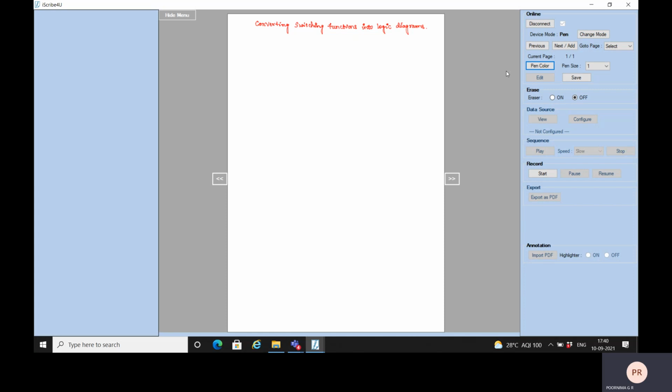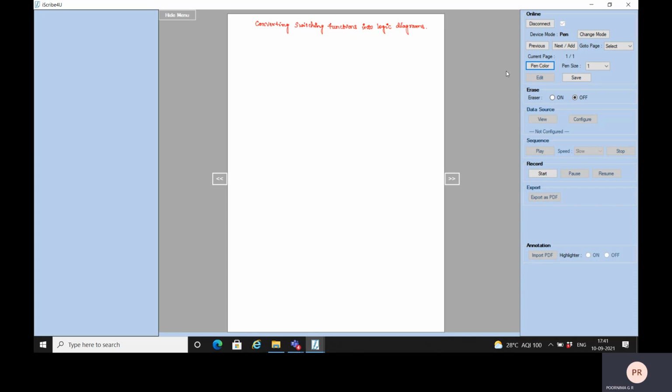First, consider the given equation and see whether it can be simplified using the comparison method to a minimal equation. Once we derive the minimal equation, finally we can construct the logic diagram. To illustrate this process, let us consider a few examples and see how we construct the logic diagrams.